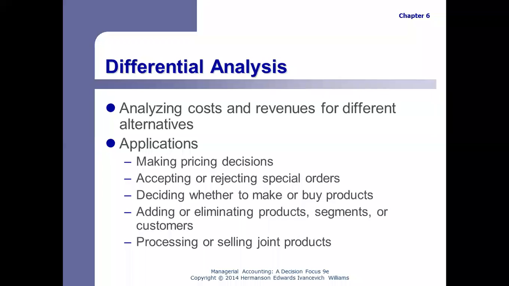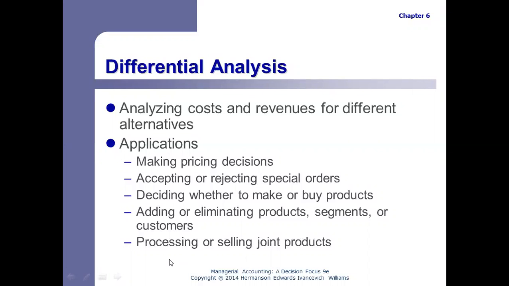Here's a list of some typical differential analysis that we can use accounting information for. Making pricing decisions, accepting or rejecting a special order, deciding whether to make a product or a part of a product that you're currently producing, or should we just buy those parts from somebody else, adding or eliminating product segments or customers or a part of your business, and then processing or selling joint products.